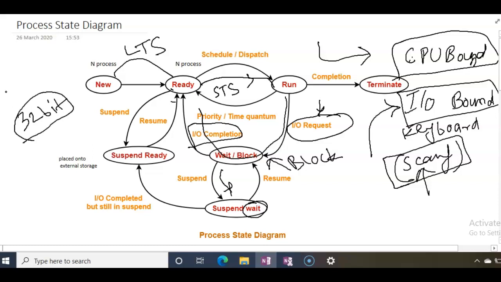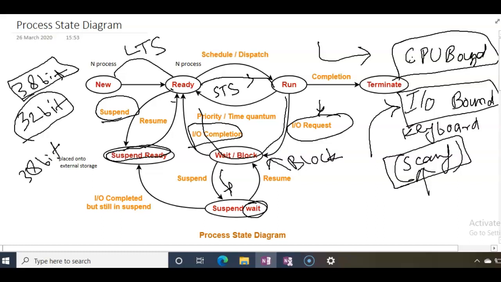Like, if process size is 38-bit, let's say, then for the extra 6 bits it has to use virtual memory. So this process will suspend, and it will go to the suspend ready state if it gets the 38-bit size of virtual address.